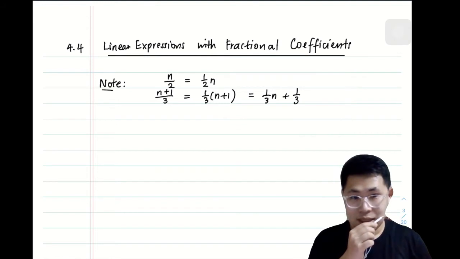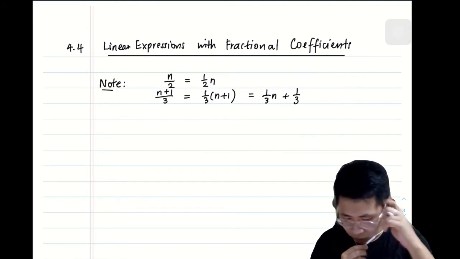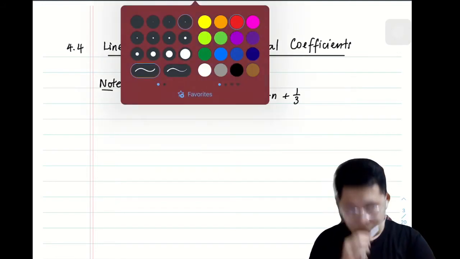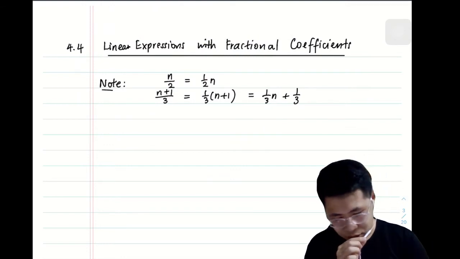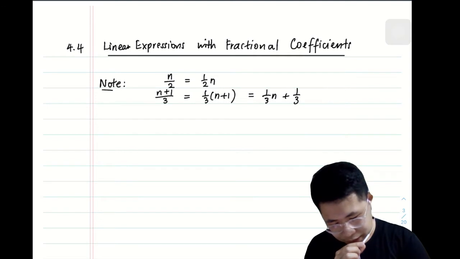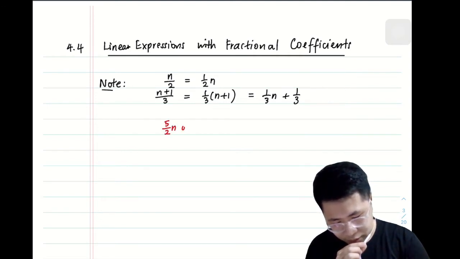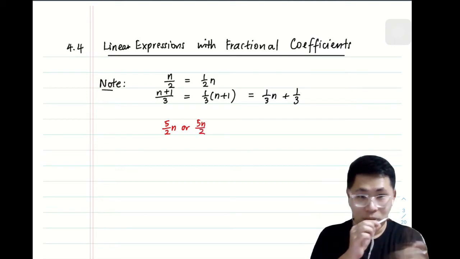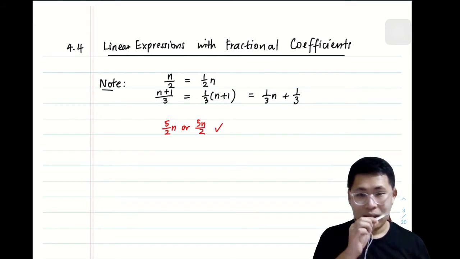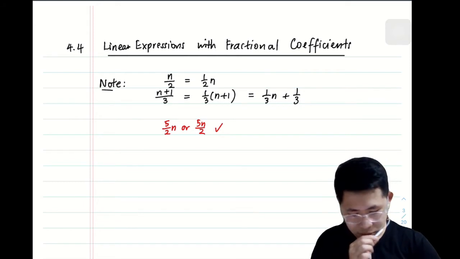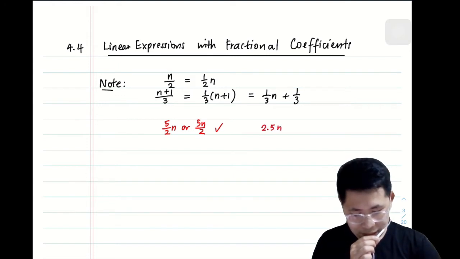Let us take a look at one more thing before we go on. What are some of the correct ways to write fractions, and what are the wrong ways? First, we have 5 over 2n or 5n over 2. Both of these are the same thing, and these are the correct way to write. If you were to write 2.5n, is it okay?